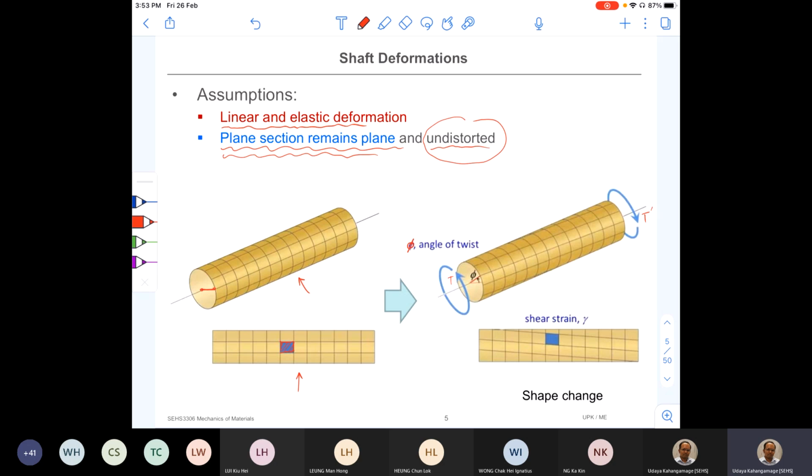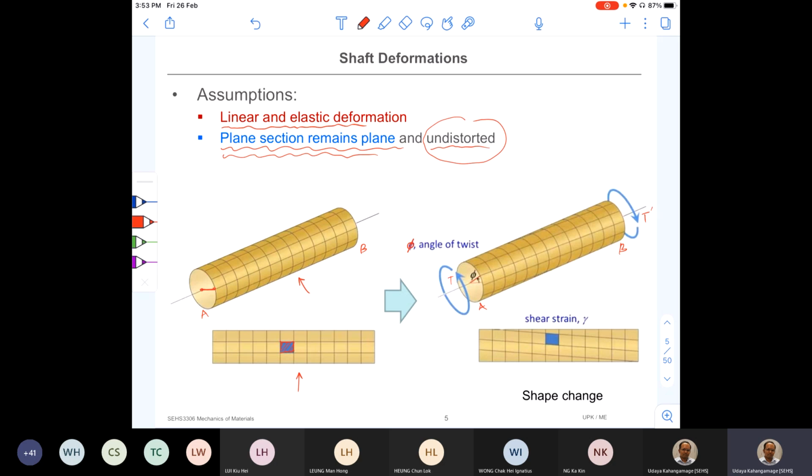This angle of twist is given with respect to the other end. Right? So if I mark this position as A, this one as B, this phi is the angle of twist with respect to B.